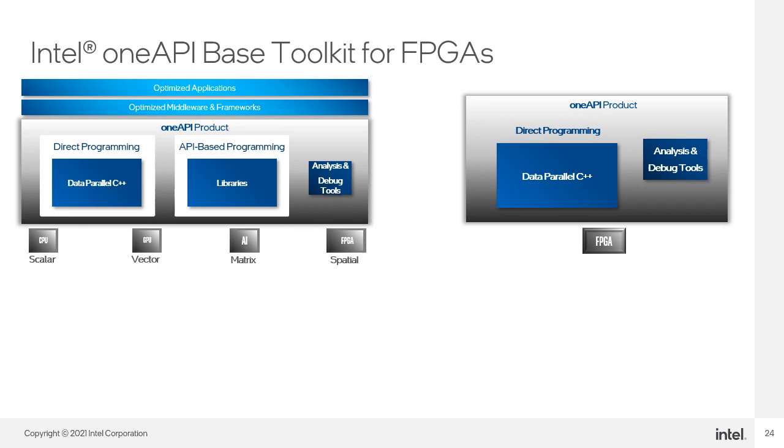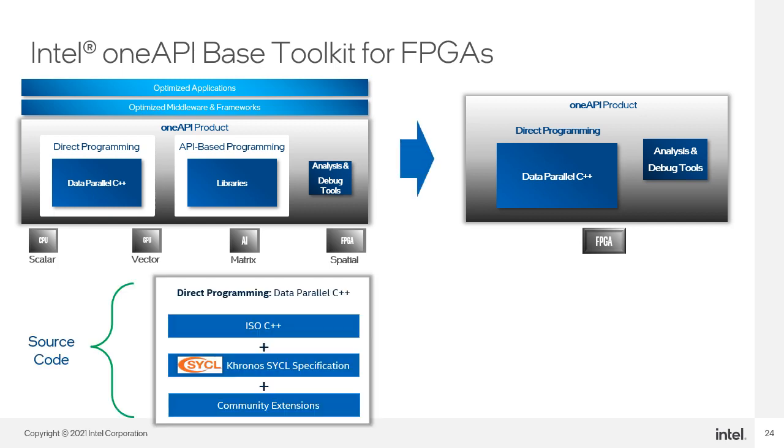The One API product provides easy access to all of Intel's heterogeneous architectures through a unified language. The One API toolkit uses the DPC++ language, which is based on SYCL, a bunch of libraries, and analysis and debug tools. The One API product for FPGA use is enabled with just the DPC++ and the analysis and debug tools.